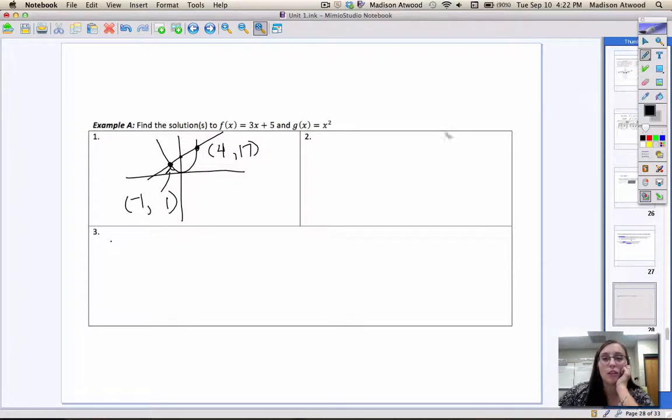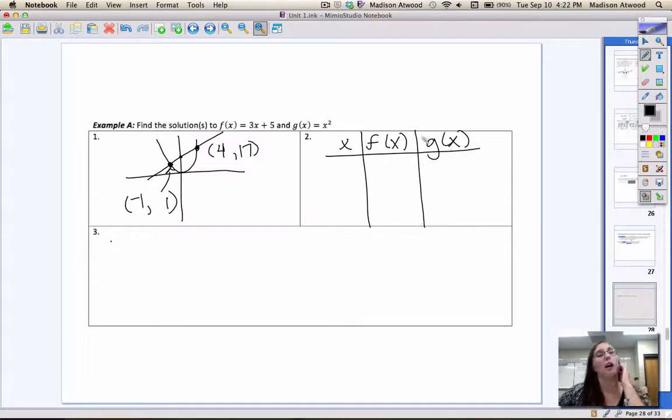All right, so then we're going to make a table. I'm going to make my table with x, and then I'm going to put an output for f of x and an output for g of x. So I can just make one table and compare back and forth. So let's try to find, I'm just going to do one of the points. On your quiz, I'd ask you to do both, but we're just going to try to find one of them.